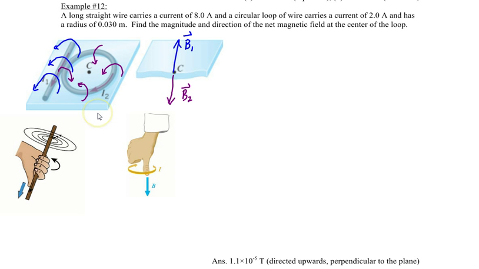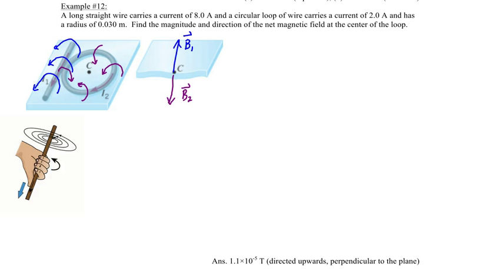So interchange your finger and thumb roles, and if you point your fingers and curl them around in the direction shown, because it's easy to do with a circular coil, you'll see that your thumb points downwards. That thumb points in the direction of the field induced only in the center of the loop. On the outside, it would be going in the opposite direction. This is just a different version to show you.